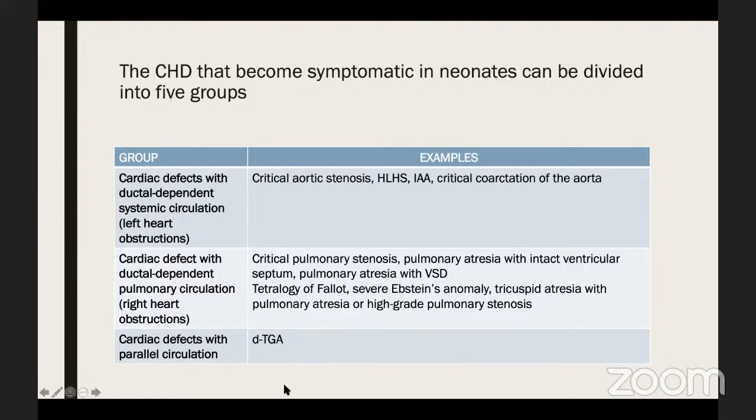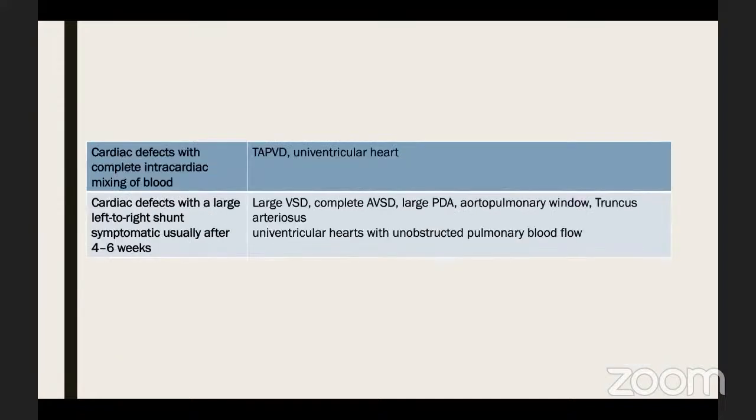Another group is cardiac defect with parallel circulation, for example, transposition of the great arteries. Another group is cardiac defects with complete intracardiac mixing, like univentricular hearts and total anomalous pulmonary venous drainage.